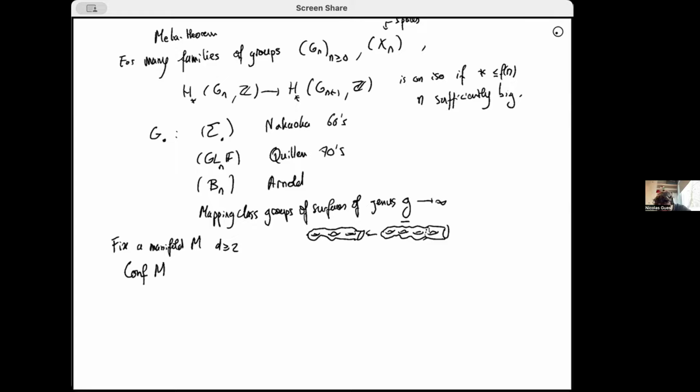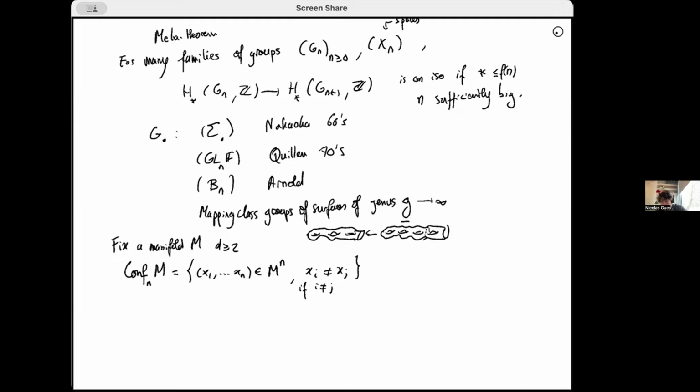And I define the configuration space on n points of M to be the space of n-tuples of points in M that are pairwise distinct.